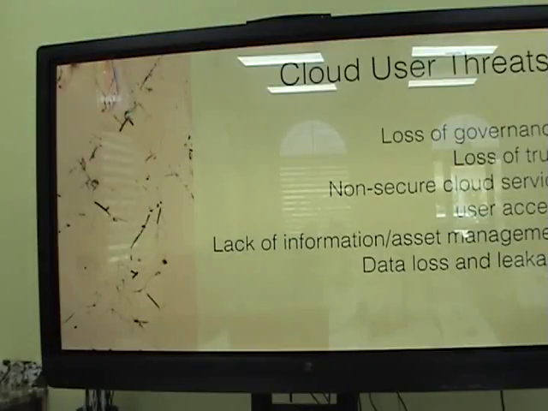Then measured or metered service. There is no concept of paying in cloud, it is only measuring or metering. The 5 essential characteristics are on-demand self-service, broad network access, elasticity, resource pooling, and measured or metered service. That's it. These are the 5 tenets.